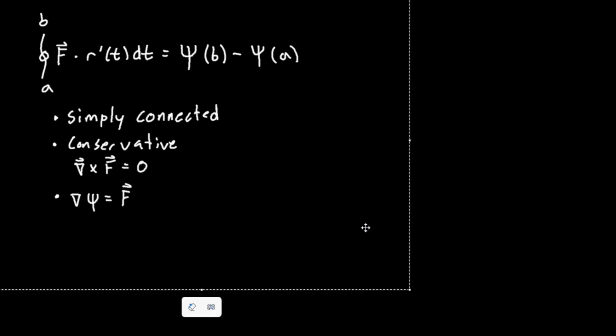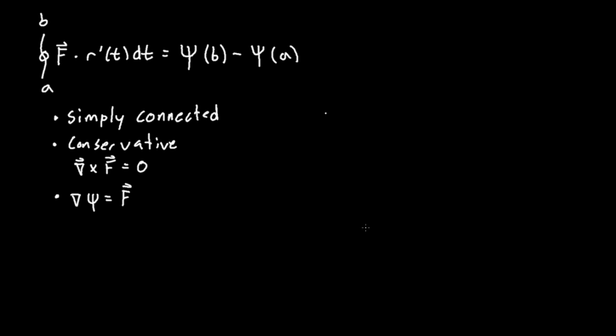Let's say your potential function phi is equal to, I don't know, x squared y plus z. Then the gradient of this would be equal to, so your x partial would be 2xy. Your y partial will be just x squared. And your z partial will just be 1.